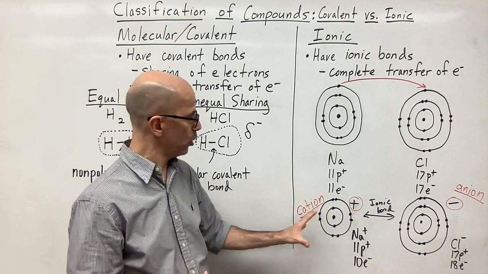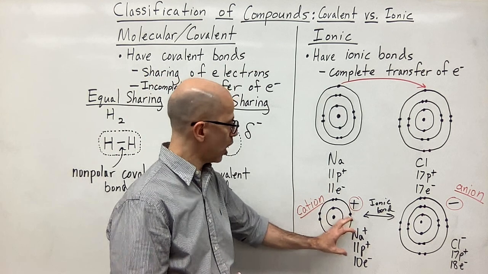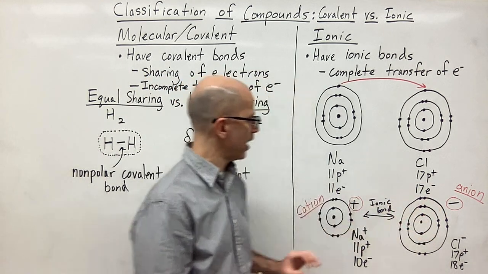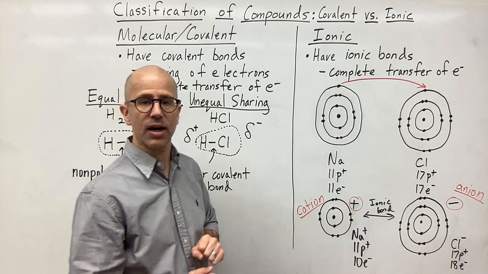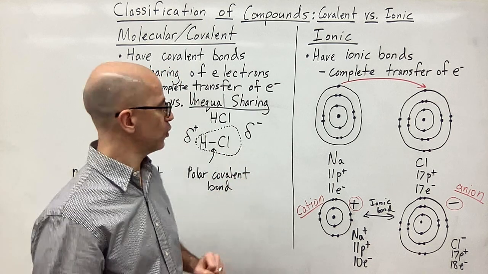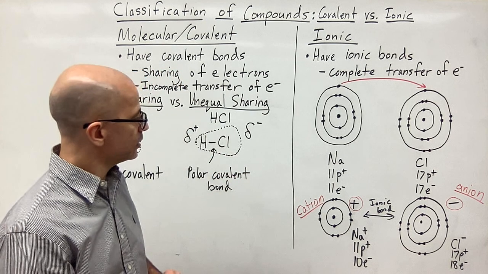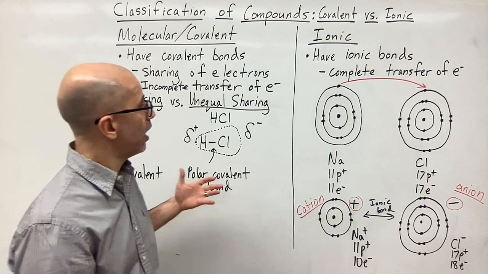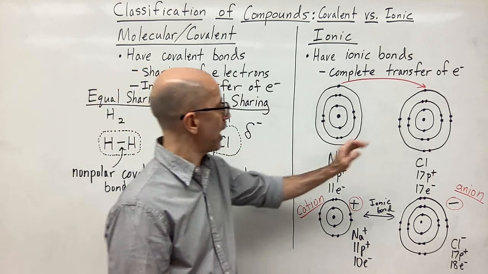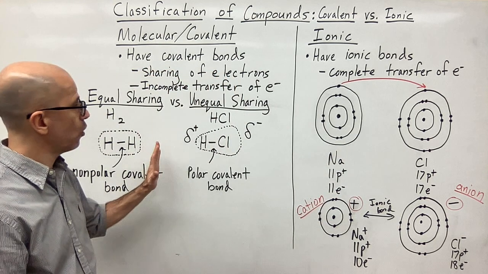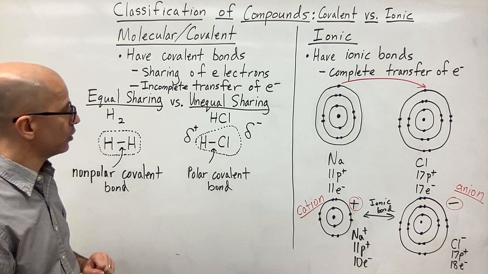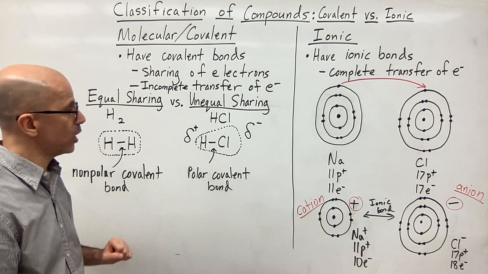But this is a full-on electrical charge here, positive and minus, and that is causing the attractive force. So that's your ionic bond. And so that is the difference between your ionic and your covalent bonds, or your ionic and covalent substances.